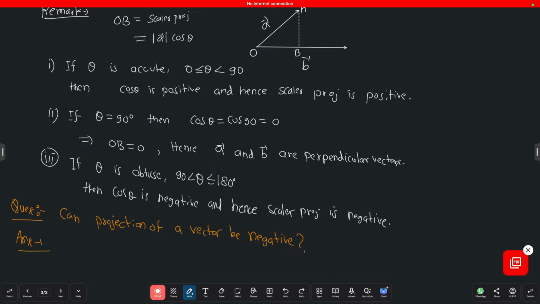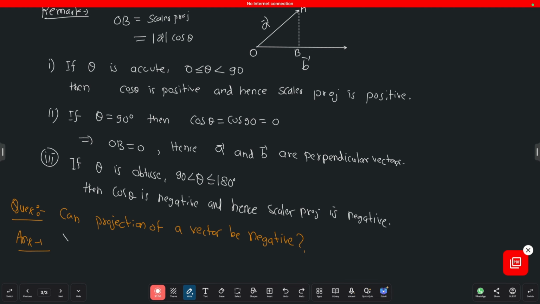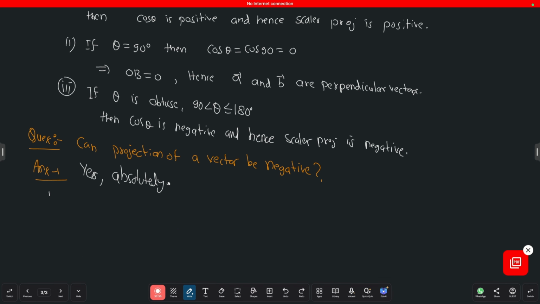Can the projection of a vector be negative? What is your answer? Yes, absolutely. It is surprising.